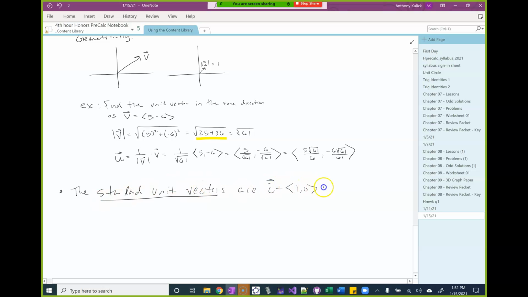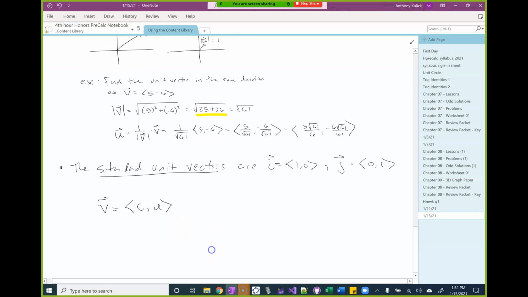Those are the standard names we give the unit vectors, where i is the vector 1, 0, and j is the vector 0, 1. So with that, we can take any vector and rewrite it in terms of unit vectors.